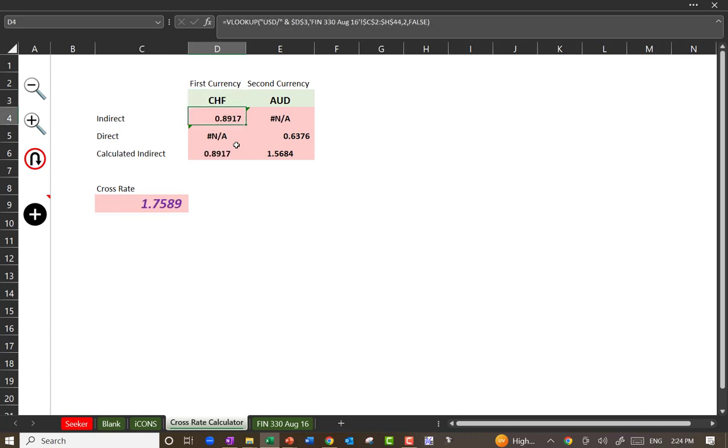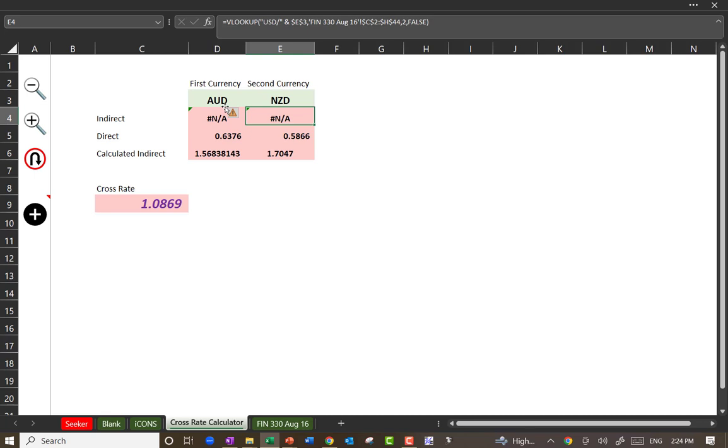Swiss franc in Australian dollar terms. So 100 Swiss francs is going to get you 175.89 Aussies, or 100 Aussies is going to get you this many Kiwis, 108.69.